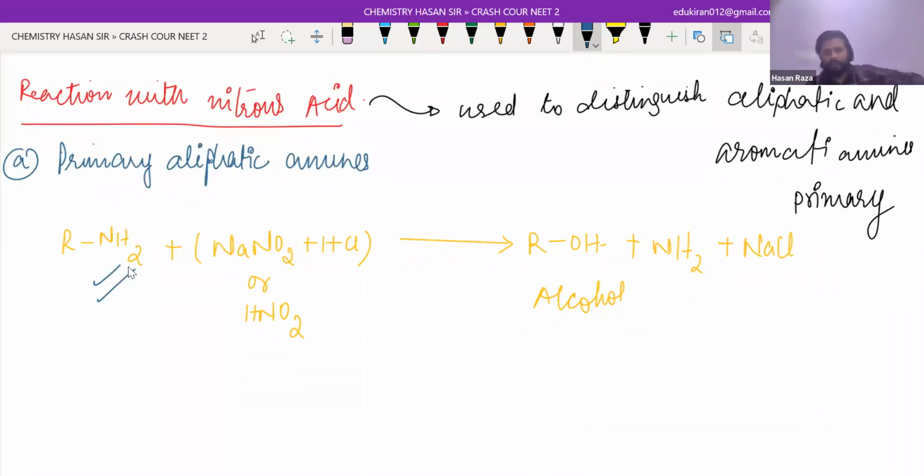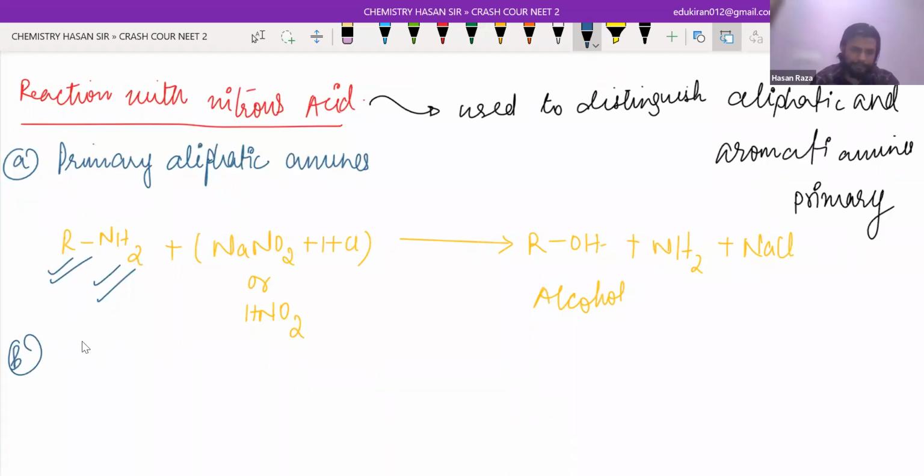If you have seen the reaction in the first chapter, Sandmeyer's reaction. So if this R will be replaced by Ar, that means benzene, it becomes aromatic amine, then diazonium chloride will form. So this is how we differentiate between primary aliphatic amines and aromatic amines with the help of nitrous acid. Is that clear?